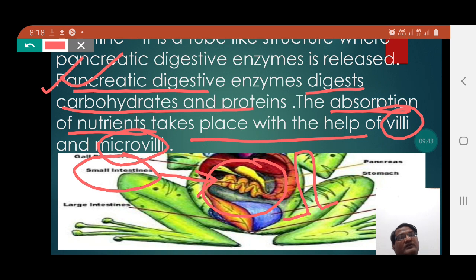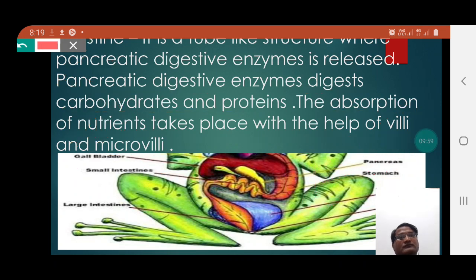These are the finger-like projections which are called villi, which are required for the absorption of nutrients.